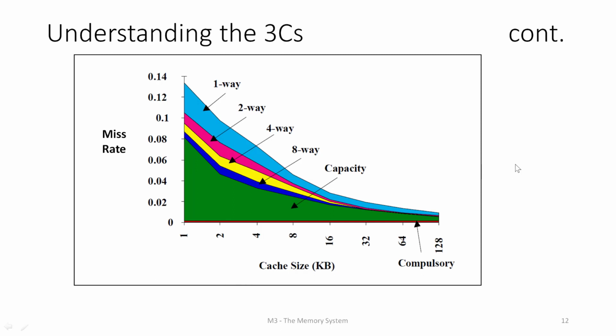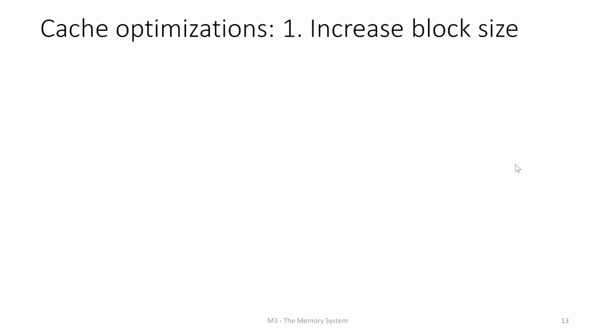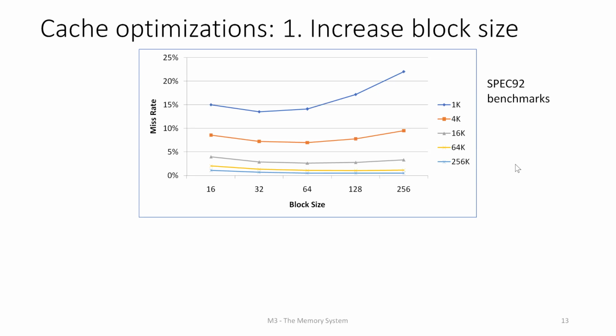Now, with this understanding, let's look at the cache optimizations. The first one is to increase the block size. A study was conducted considering the SPEC 1992 benchmark suite, and what the designers observed was, for different cache sizes, 1K to 256K, and different block sizes, 16 bytes, 32 bytes, up to 256 bytes, the miss rate behaved somewhat non-linearly.